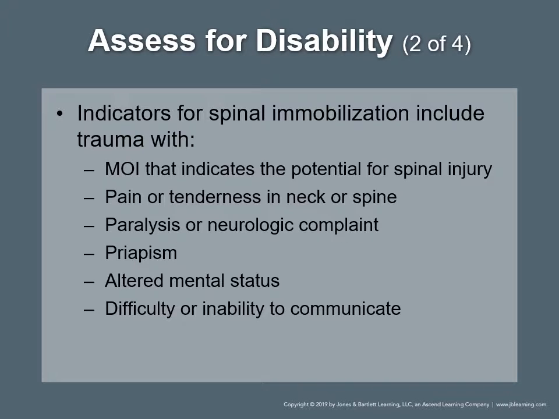Now, something that we need to think of are possible spinal cord injuries with our trauma patients, and that's part of a disability assessment. So the things that we're going to do, because we need to stabilize their spine and their neck and hold it in a neutral position early on in our assessment so that we don't make their spinal cord injury worse.